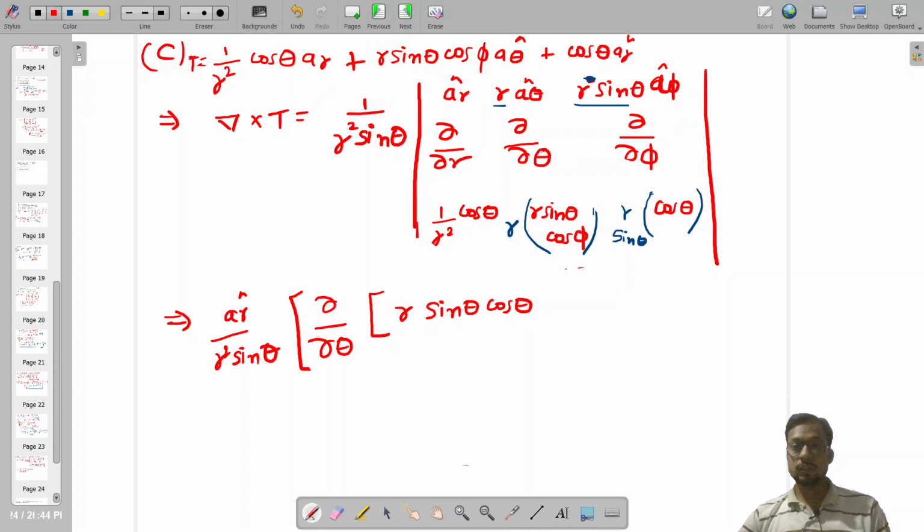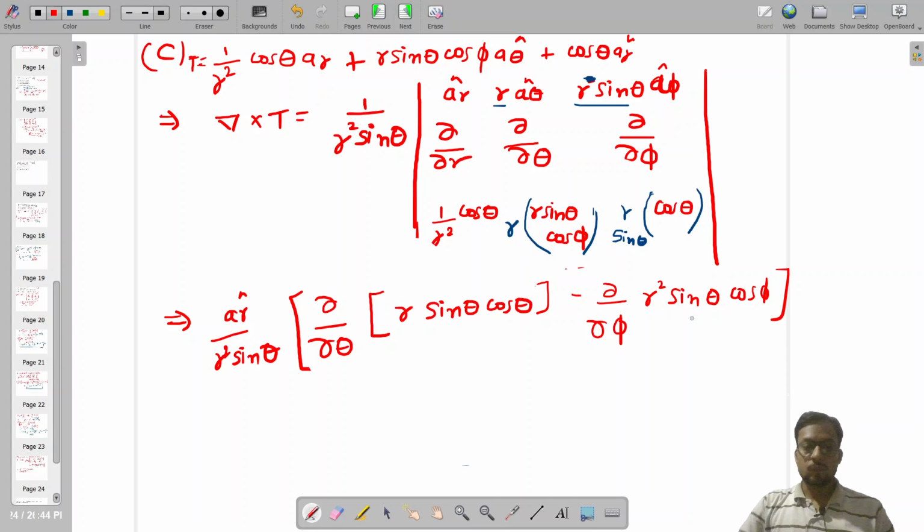So first you have to ensure this, then you have to differentiate with respect to r, theta and phi. So r sine theta, del upon del theta, r sine theta cos theta, minus del upon del phi, r square sine theta cos phi.